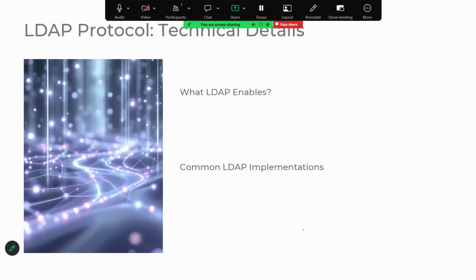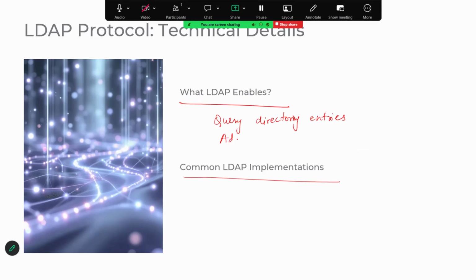Then about the LDAP protocol, what are the technical details? Now, about the technical details, there are two things we need to consider: what LDAP enables and the common LDAP implementations. So what LDAP enables? LDAP enables querying the directory entries using standardized syntax.